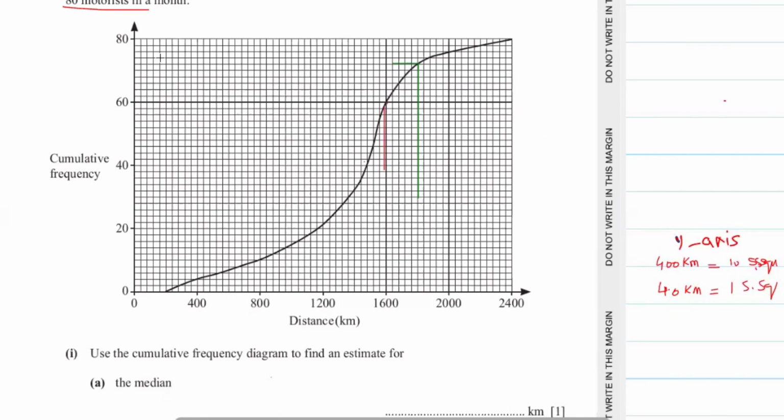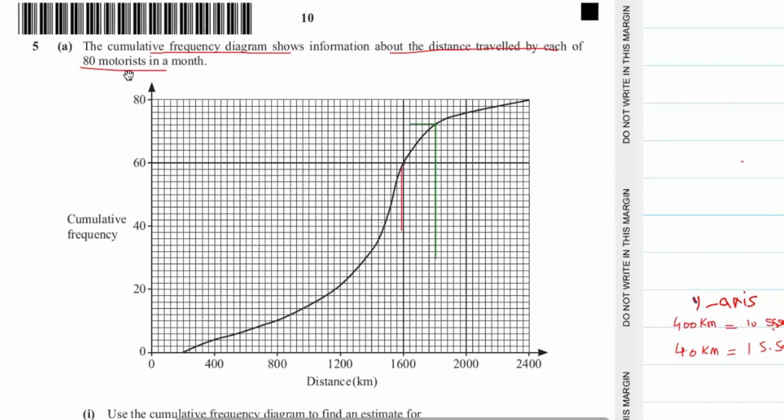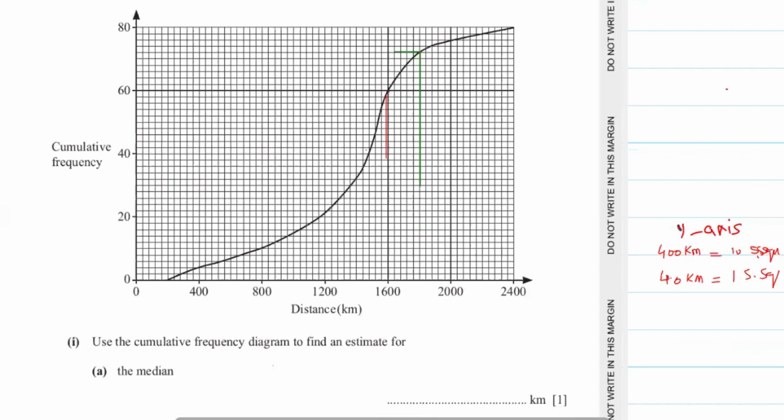The median is the middle value of the data. Look here, there are 80 motorists. Therefore, the middle value will be 80 over 2. This is the 40th motorist's distance.